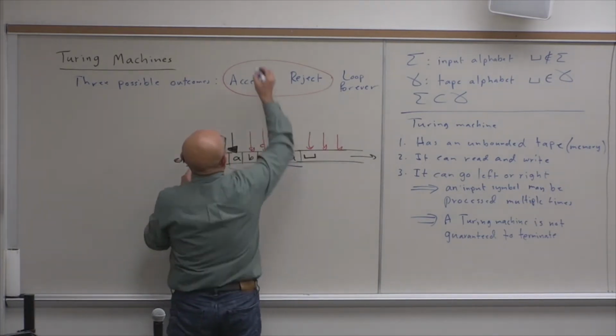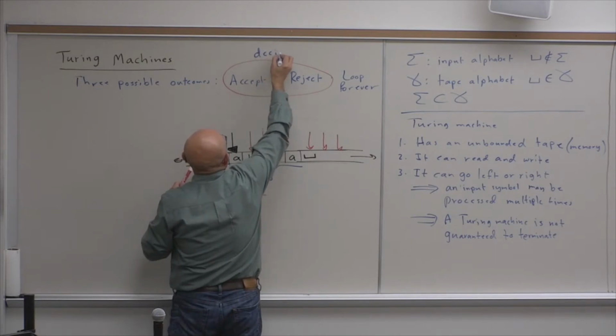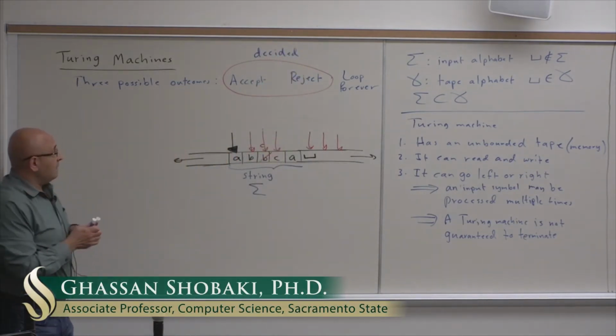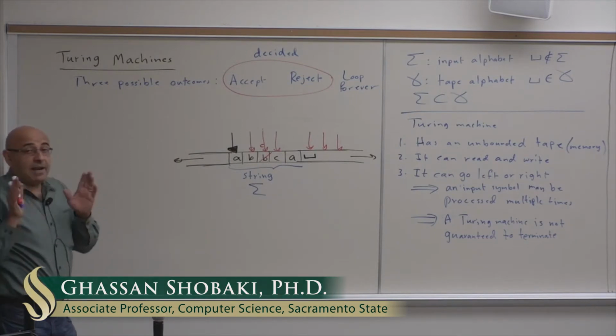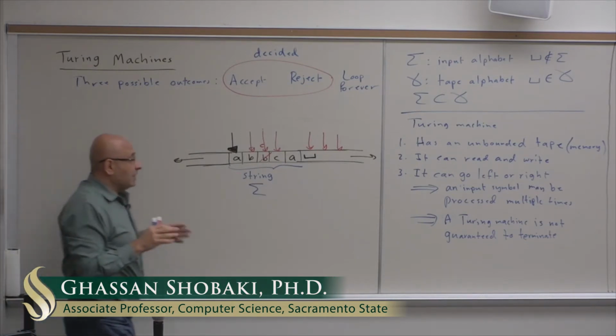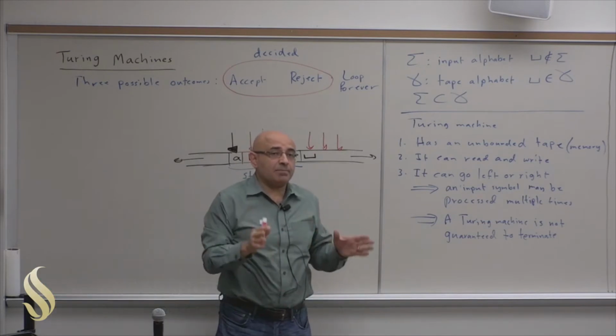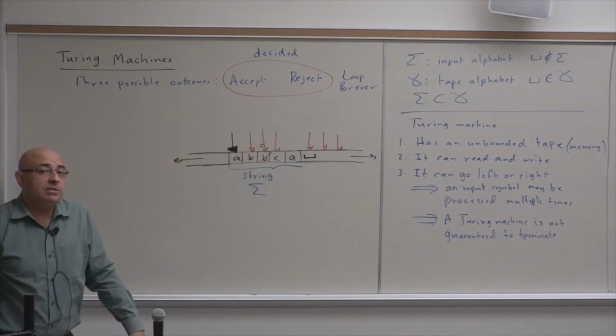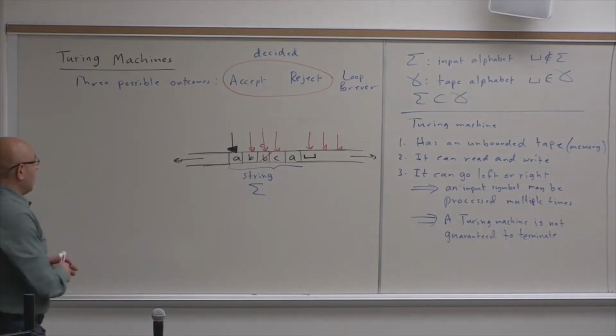Or in other words, if for a given language you can find a Turing machine that will either accept or reject and is guaranteed not to loop forever, then you say that this Turing machine decides this language.